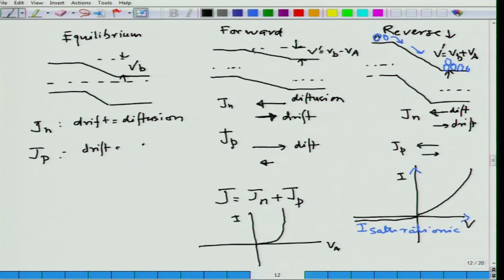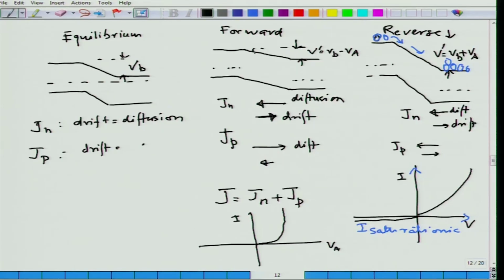So, you see in a very simple manner, in a pictorial manner, if I take a p-n diode, I can get the IV characteristics which are dependent on how I would apply the bias, and this is how a p-n diode will work.